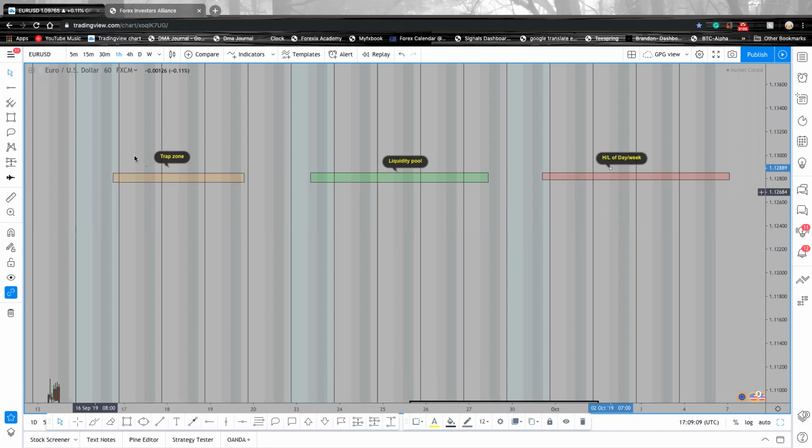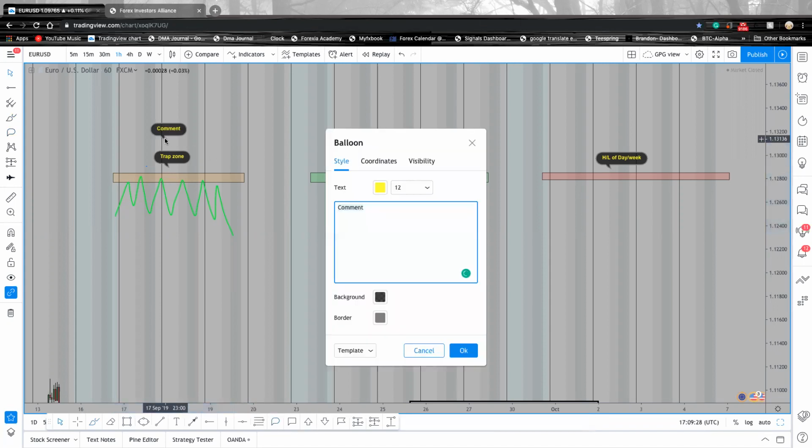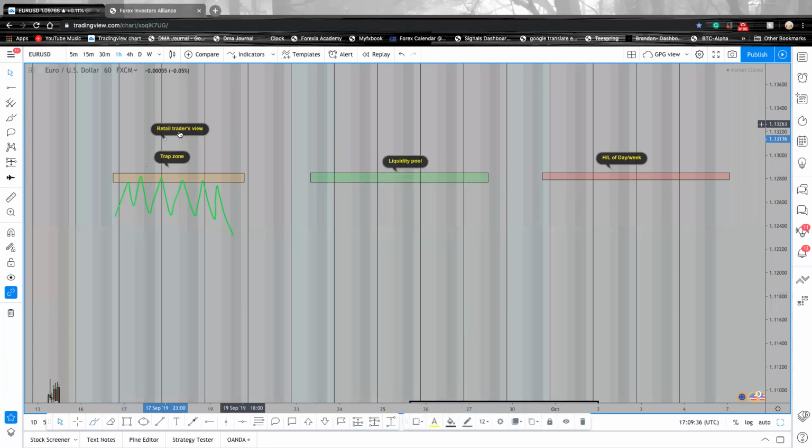So when we talk about each, what are we basically referring to? The trap zone, I'm just gonna draw, imagine this is the price. When it acts as a resistance, I'm just gonna put one word on it: retail traders' view. So the trap zone is basically the retail traders' view of the market. They see it as a resistance.